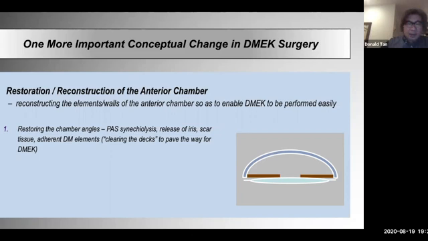Not only that, important aspect, once you clear the actual anterior chamber, you still need a posterior surface. And to restore the posterior surface. An important aspect about PAS is that, and a lot of people who do grafts, whether it's DSEK or DMEK or PK, is that the PAS tends to recur. So you can separate the iris from the cornea, but over the next few weeks to months, you will see that iris zipping up and sticking back again.